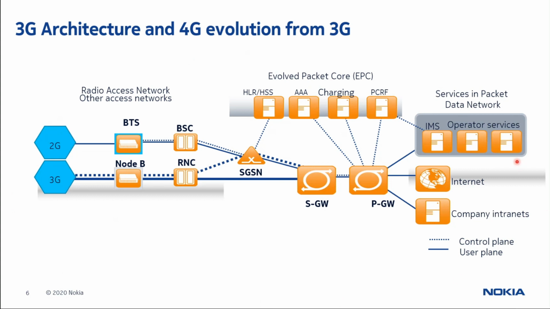But before you get overwhelmed with too many network elements mentioned here, it is very important for you to understand at least the high level aspects, right? I'm not going to talk about these network elements in great detail, but please understand that this is that part of a network which is responsible for providing packet data service to the user, right?